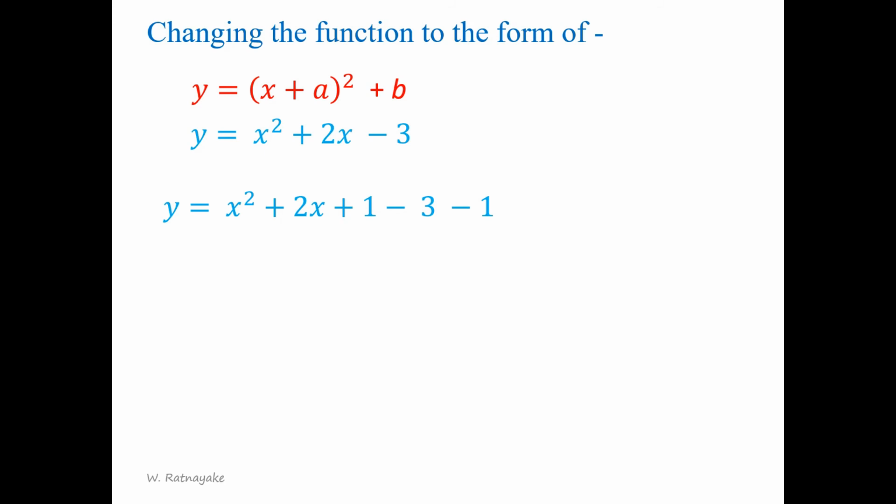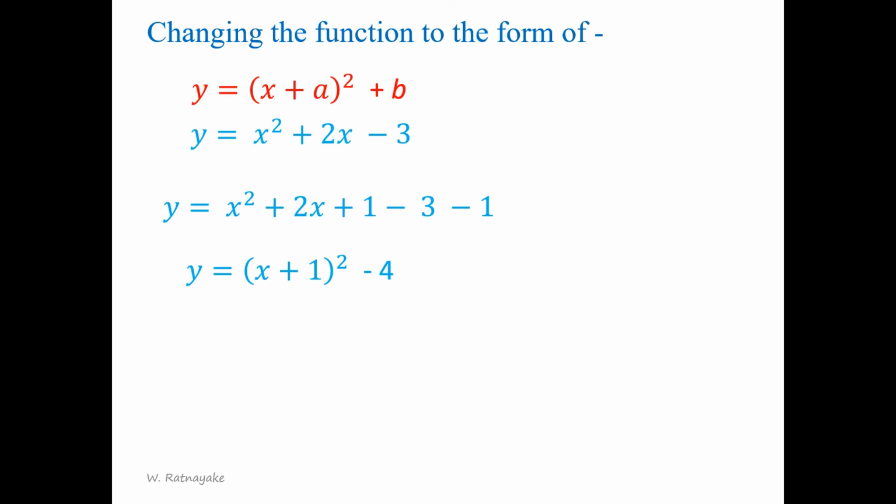Now these first three terms we can write as a square of a binomial, that is (x + 1) whole thing squared, and minus 3 and minus 1 we can write as minus 4. Therefore, the result will be y = (x + 1) squared minus 4. That is in the form of y = (x + a) whole thing squared + b, where x + a is equal to x + 1, b is equal to minus 4.